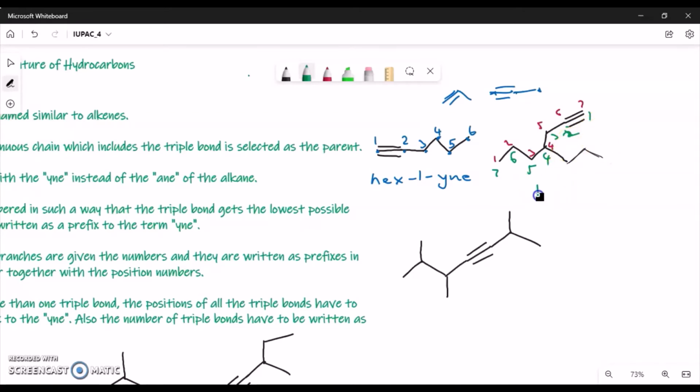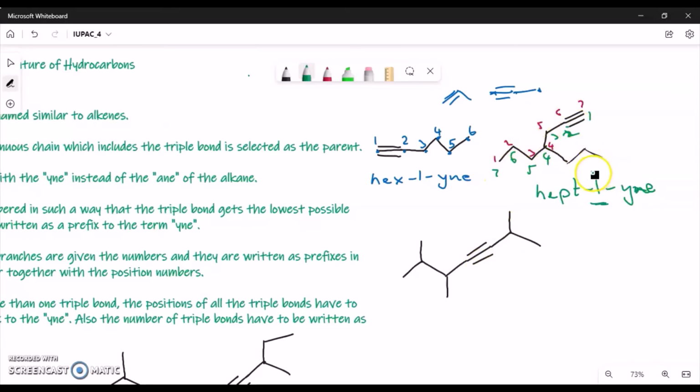So this is hept-1-yne. The name of the alkane was heptane, the longest chain. We removed the E and added YNE, but we have to put the prefix 1 because the position of the triple bond is position 1. So now you have understood how to choose the longest chain.